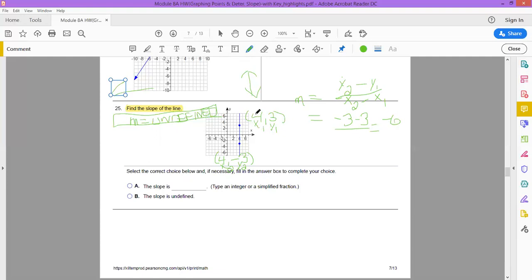In the denominator, we have x sub 2 minus x sub 1, or 4 minus 4. So right there you see 0 in the denominator. If you divide negative 6 by 0, you'll get an error message or undefined. So our slope is undefined.